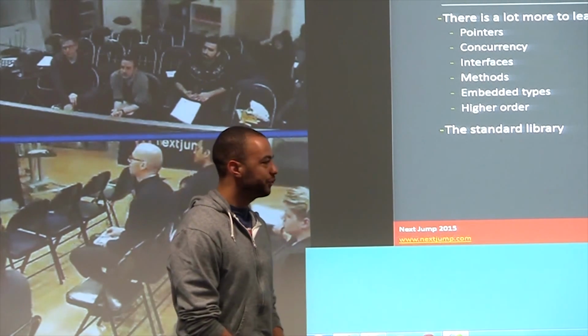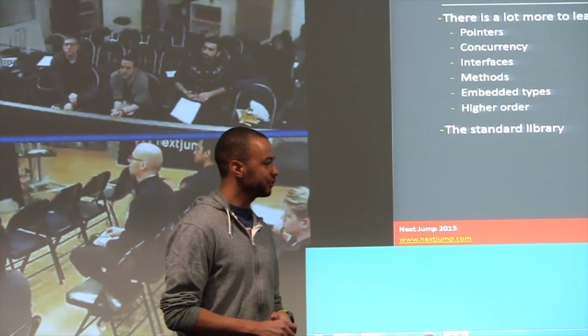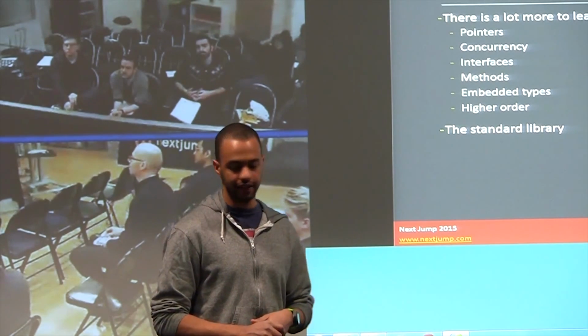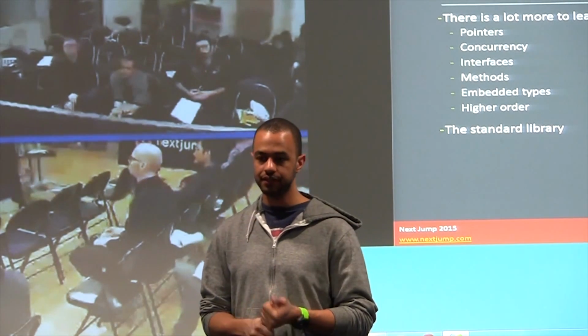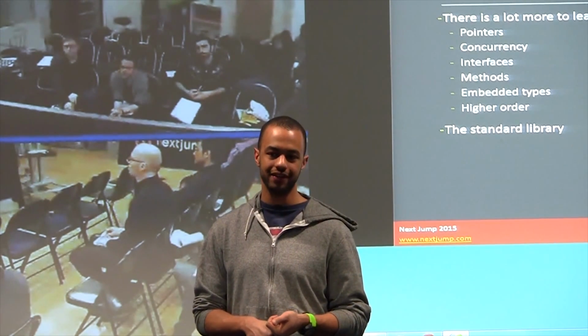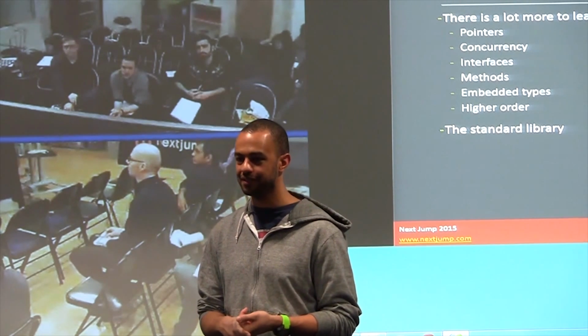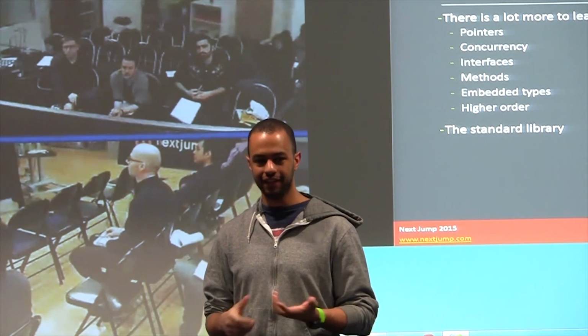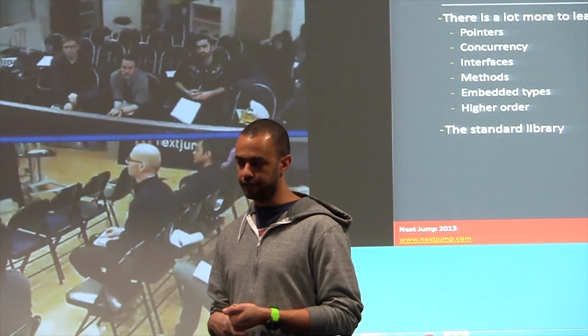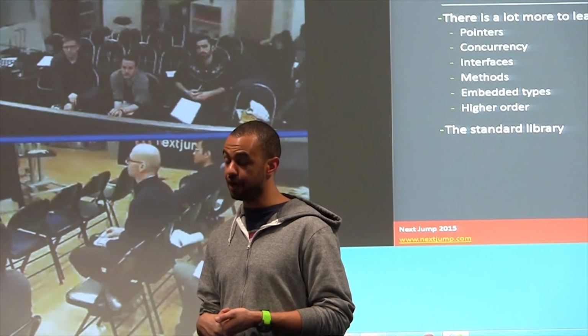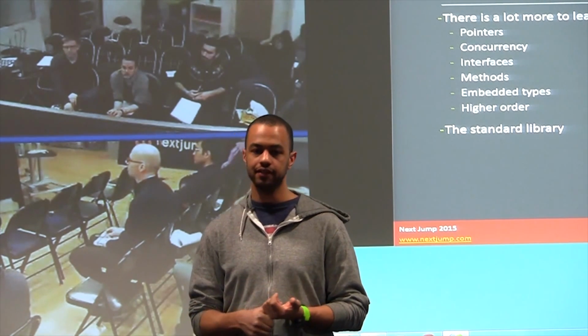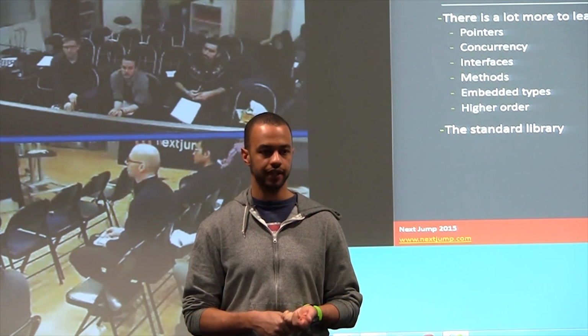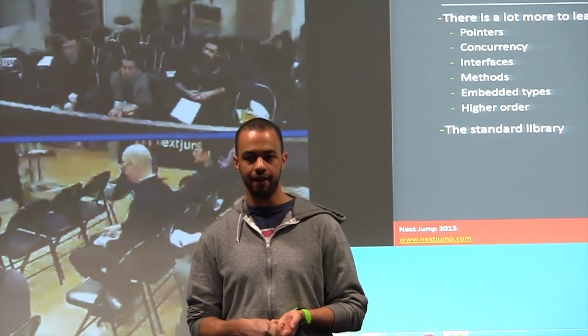So I've flown through the basics of Go. There's a lot more to learn that I skipped over, in particular pointers. If you look at our NXJOS, you'll see lots of pointers, so if you don't know how they work, that's going to be tricky, but they're easy to pick up. There's also a lot of interesting concurrency that is possible with Go, and I'd argue that it's much easier to do than it is in other languages.